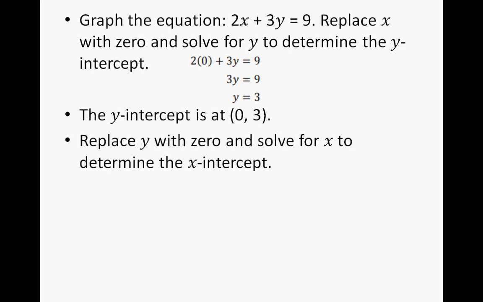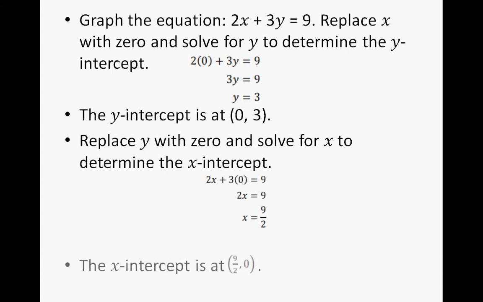So now we're going to replace y with 0 and solve for x to determine the x-intercept. So now we have 2x plus 3 times 0 equals 9, and so x ends up being 9 halves. So the x-intercept is at 9 halves and 0.